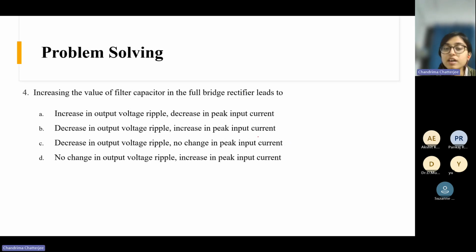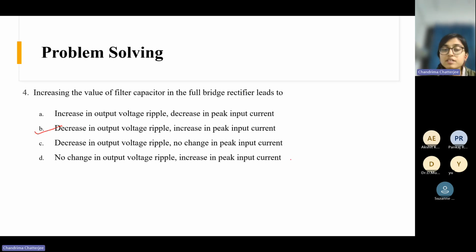Increase in input current is in the two options, in B and in D. And there is another thing. What will be the effect on voltage ripple? If we increase the capacitance value, the voltage ripple decreases.